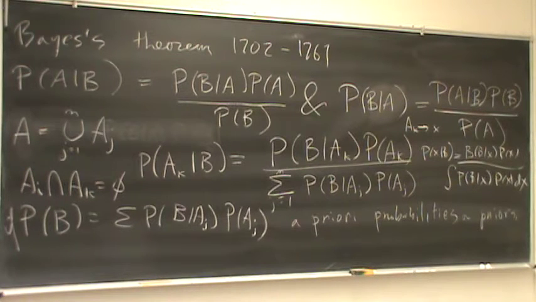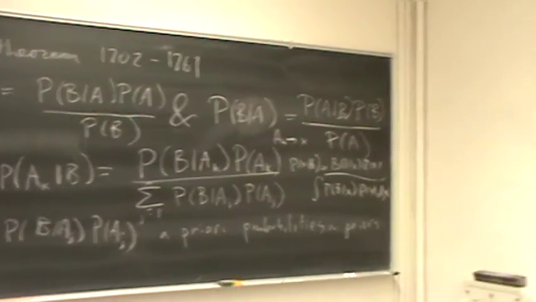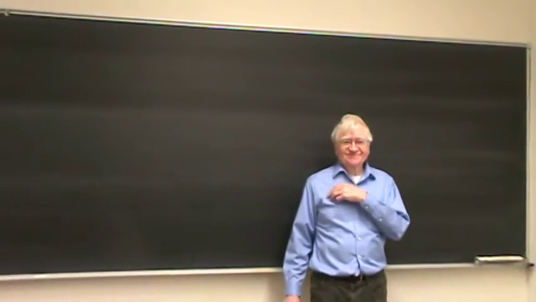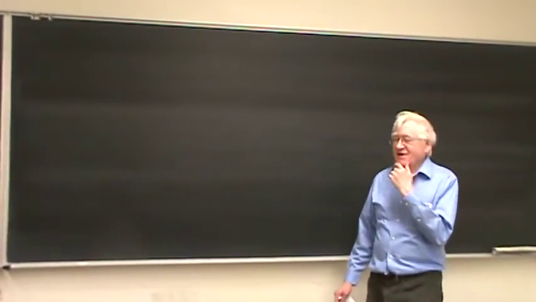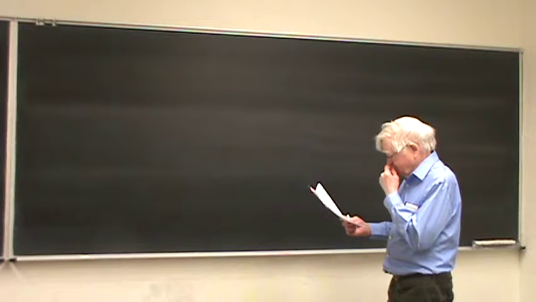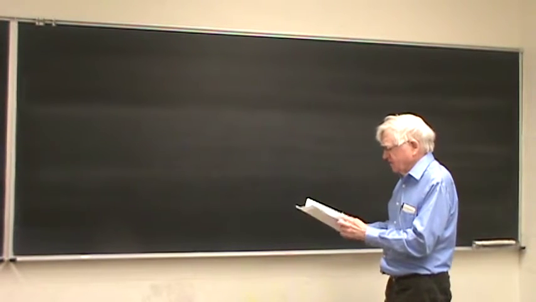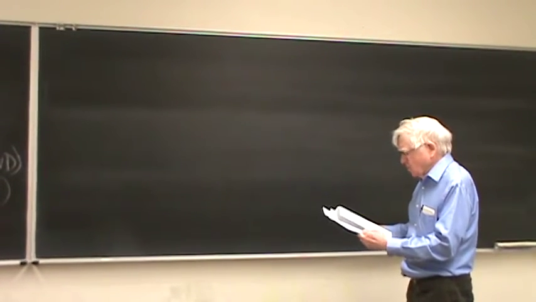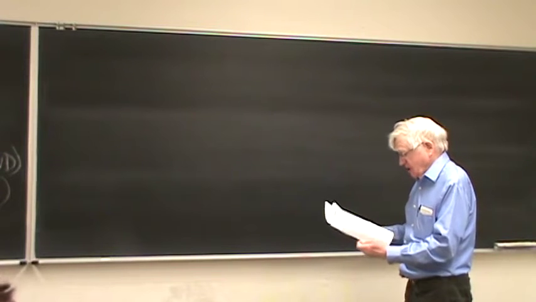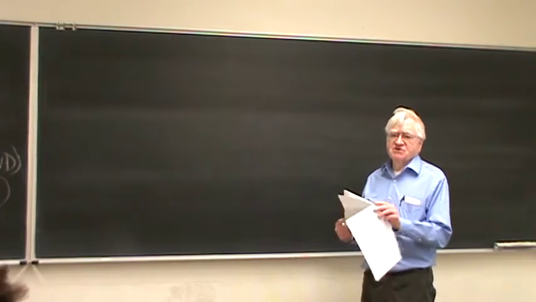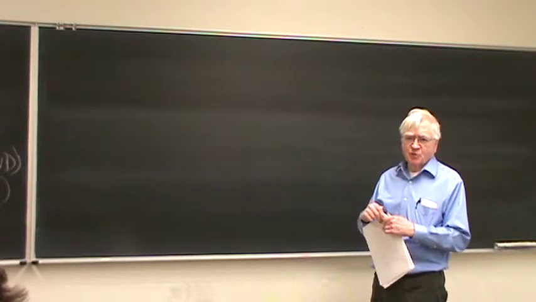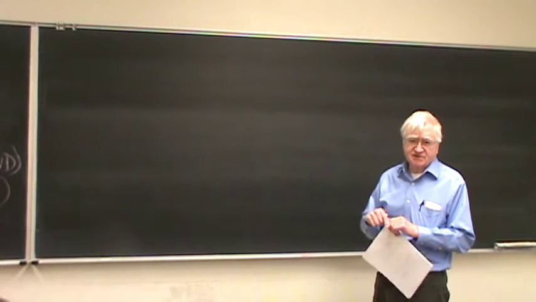So I'm going to apply this now to polling. Before doing that, though, let me quickly jump to the binomial distribution, say a few words about that, and then jump back to the polling.